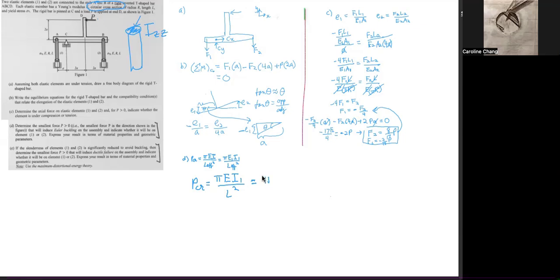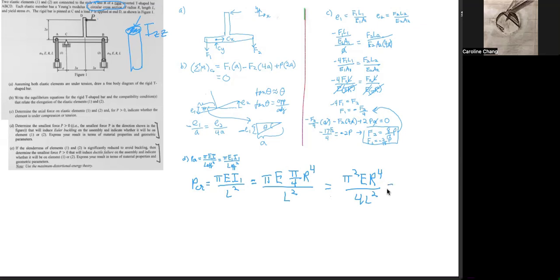That will give us that P critical is equal to pi times E times pi over 4 r to the power of 4 over L squared. So our P critical will thus be equal to pi squared times E times r to the 4 over 4L squared.